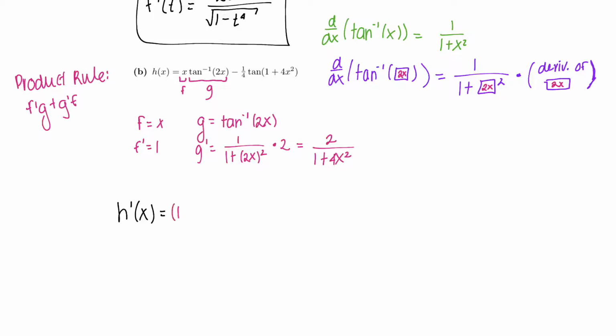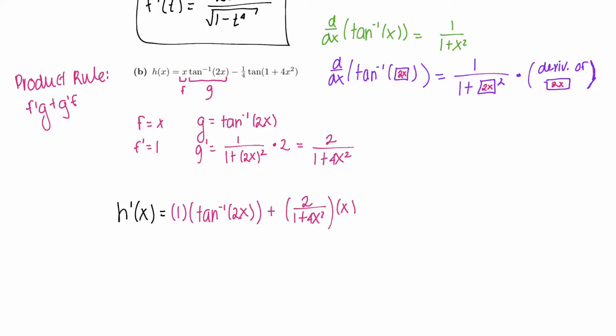So f prime is 1, g is tan inverse of 2x, plus g prime, which is 2 over 1 plus 4x squared, times f, which is x. That's not our full derivative, though. That's the derivative of this part.